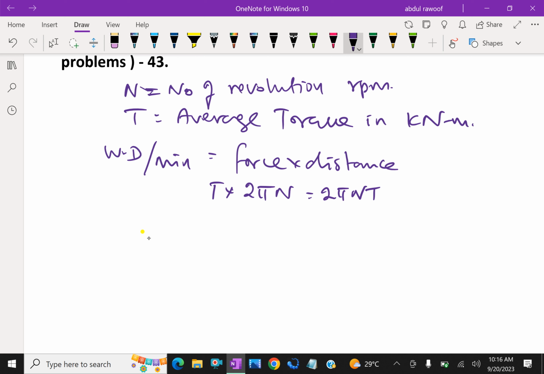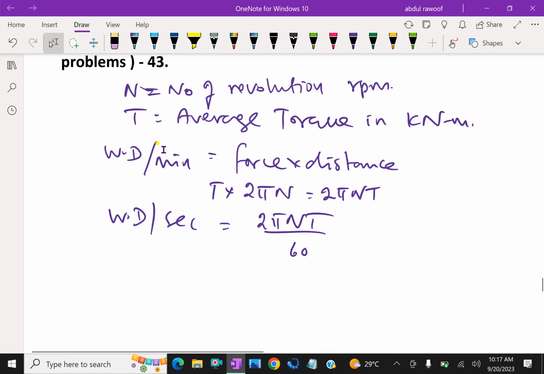Therefore, work done per second is 2 pi NT over 60, because work done per minute is divided by 60 to get work done per second, in kilonewton meter.